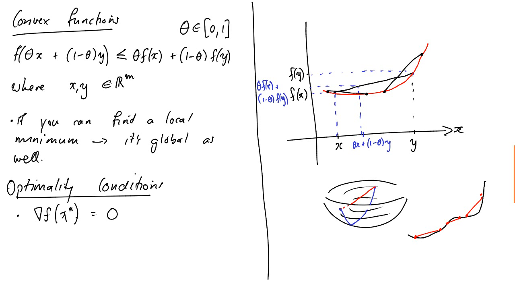If our function has 0 gradient, then we've found something, and our Hessian is positive semi-definite. Remember, if I say that a matrix is greater than or equal to 0, I mean positive definite or positive semi-definite.